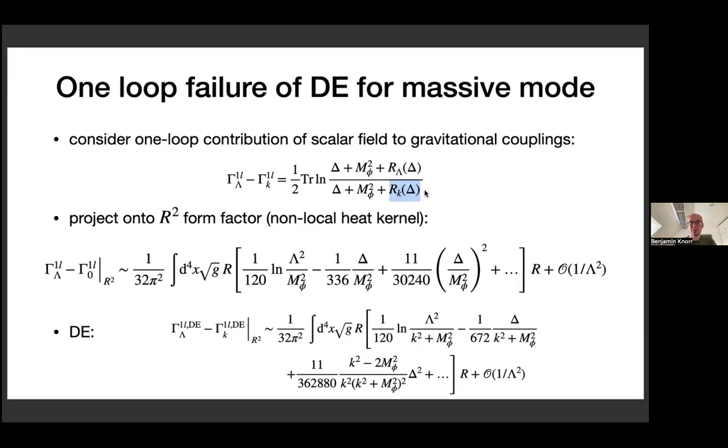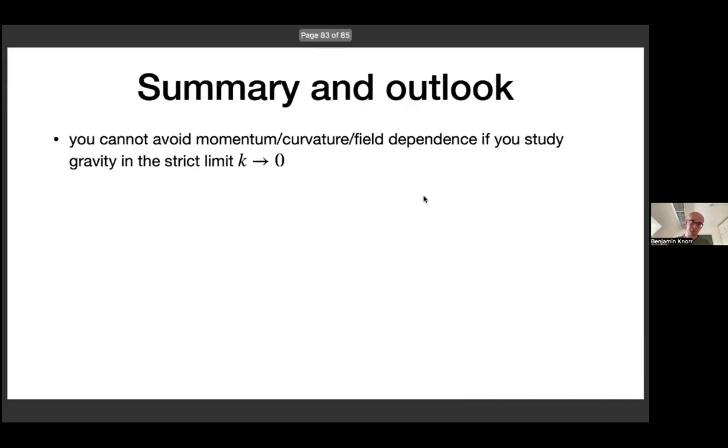Whereas if you take k to 0 first, and then take derivative with respect to box, you don't see that. So once again, k to 0 limit and derivative expansion do not commute. So if you take anything away from this talk, it's really be very careful if you're studying the k to 0 limit in gravity. Because even in cases where you think everything should work, it might not.